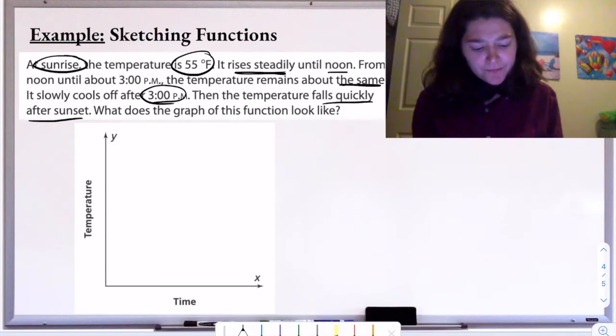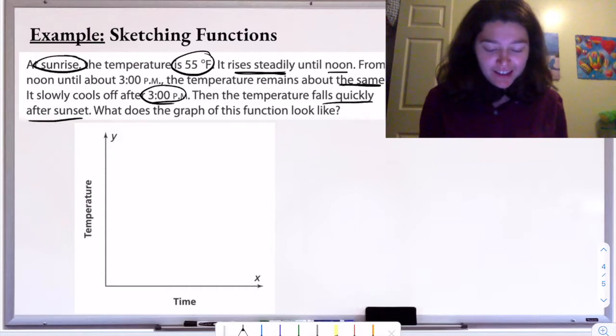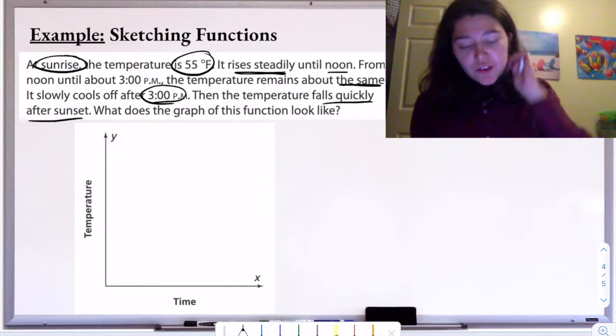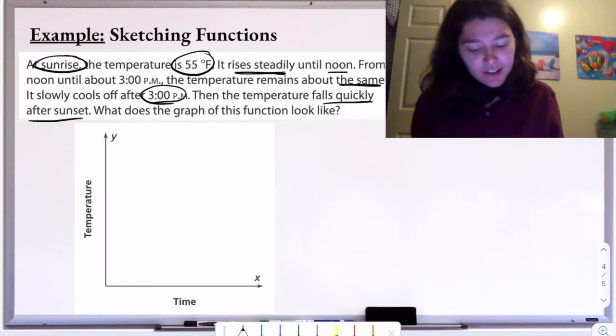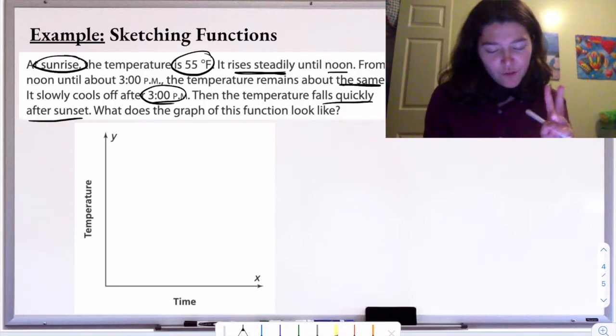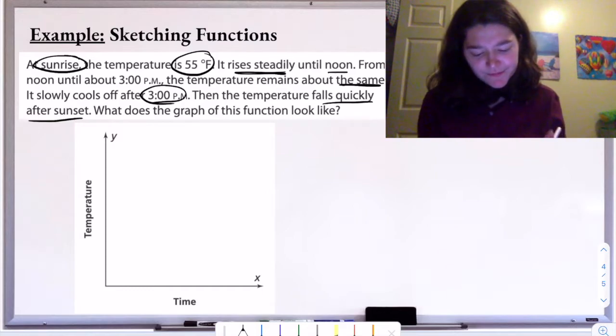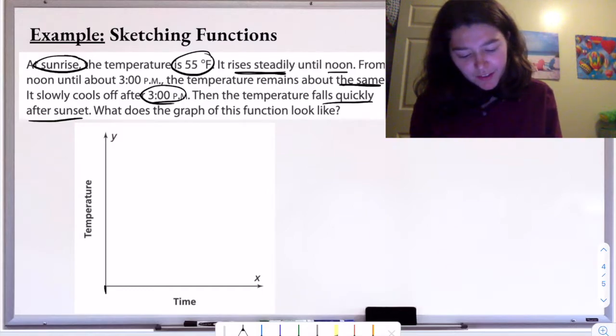Okay, so we have our input is time. You don't need to label this, right, if we're sketching, but I'm going to find this helpful because they kind of give us like 4 time checks. So I'm going to label them. I'm going to say the graph is starting at sunrise, and then we're at noon, and then it's 3 p.m., and then sunset.